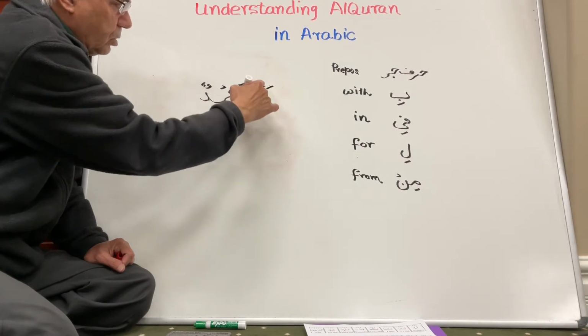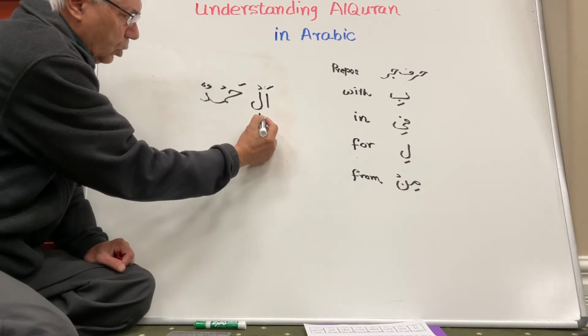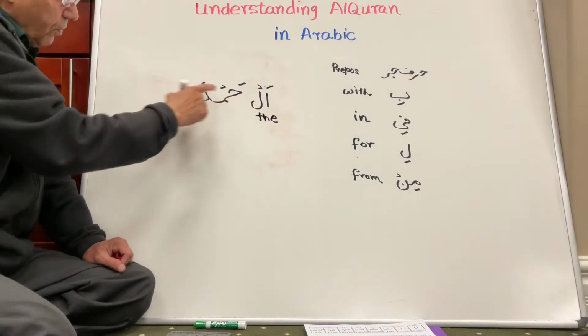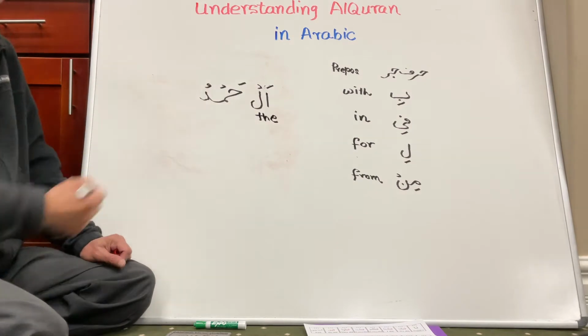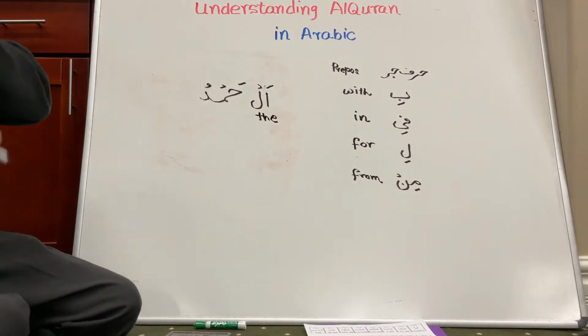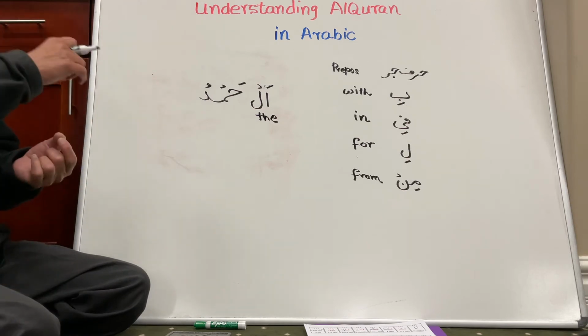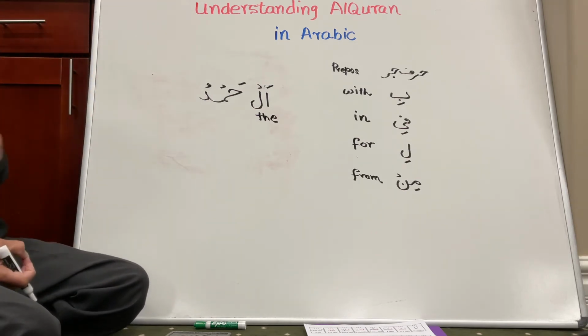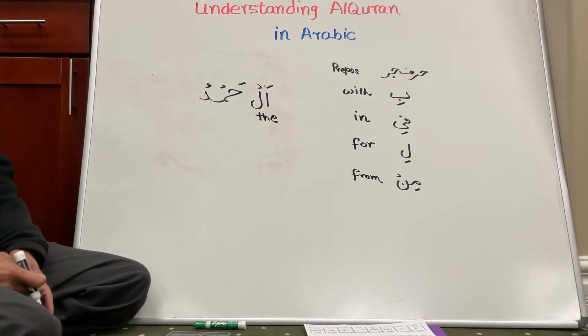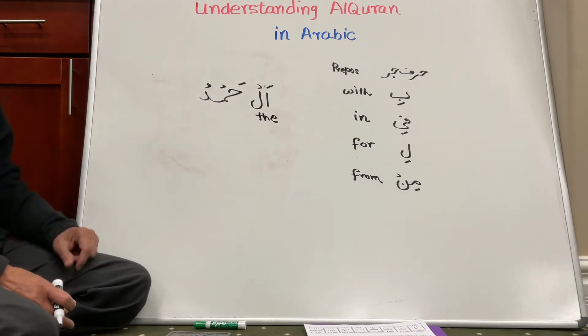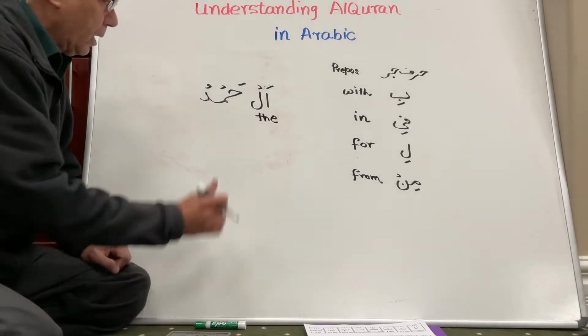It changes the meaning to a specific thing, but a sign of al is that it removes one pesh on the last letter. Always the last letter. You have to look at the last letter and see what is happening to that. So the final word becomes alhamdu, okay?